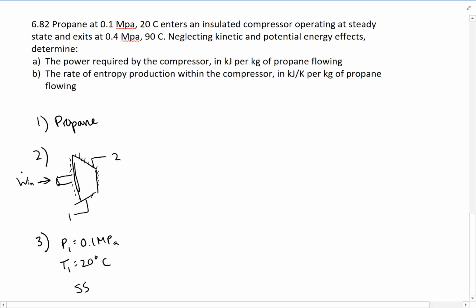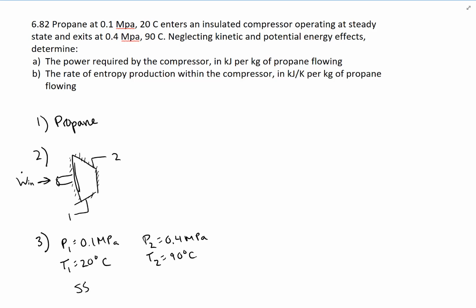And it exits at 0.4 megapascals and 90 degrees C. So P2 is 0.4 megapascals and T2 is 90 degrees C. And that should make sense because the pressure should go up in a compressor and the temperature should go up too because you're putting work into it, which should be raising the enthalpy.